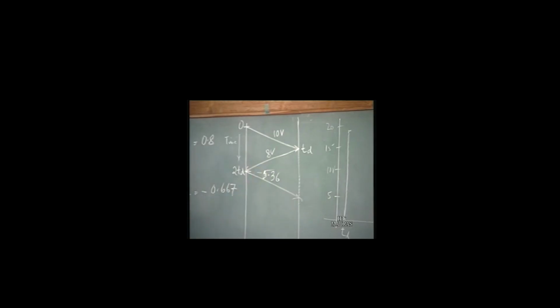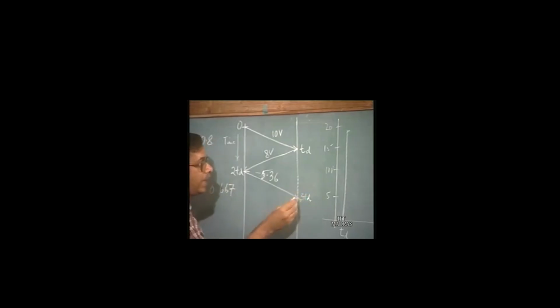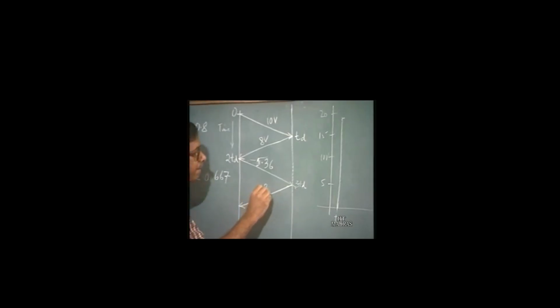This is going to reach the load end at 3 Td, and then you have another reflection at 3 Td. The value here is going to be 0.8 times minus 5.36, which is minus 4.29.